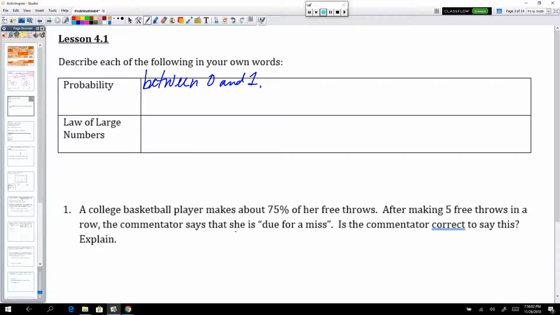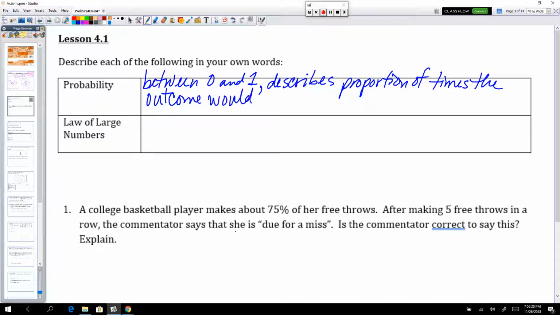And the book definition calls out probability as something that describes the proportion of times the outcome would occur in a very large number of repetitions.